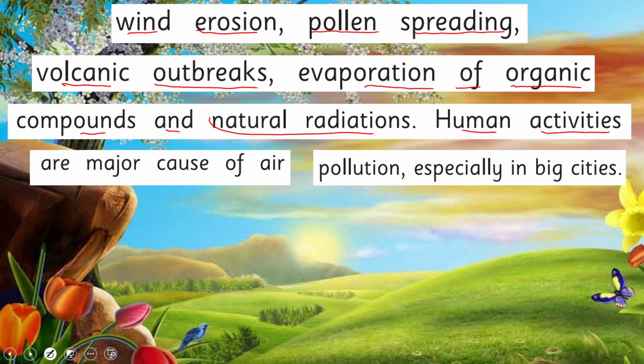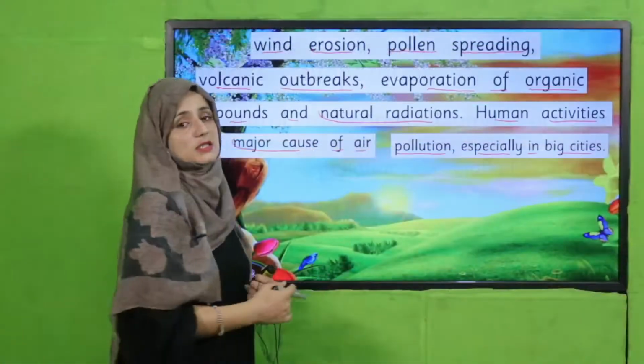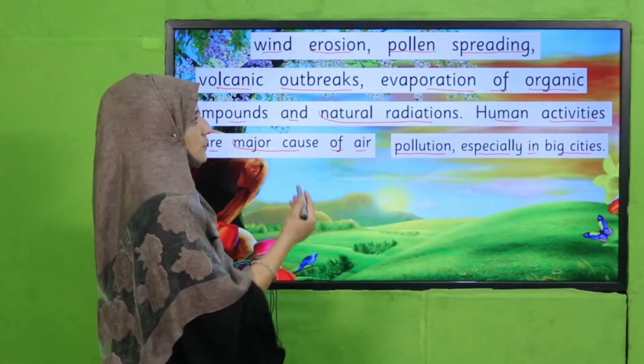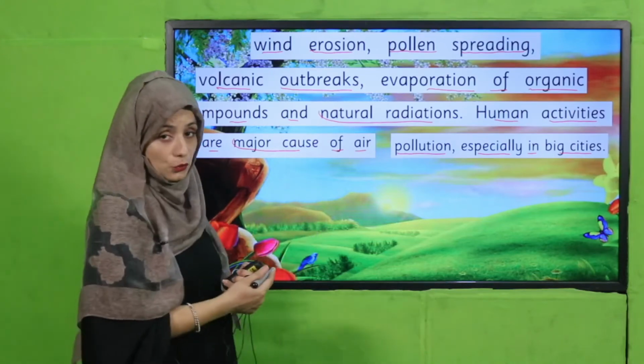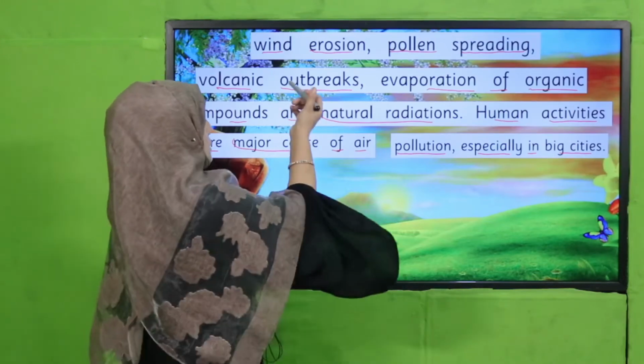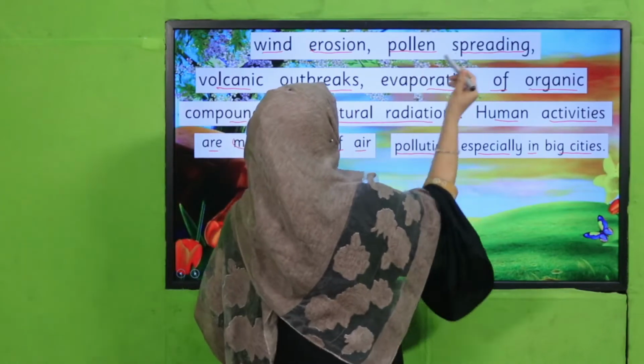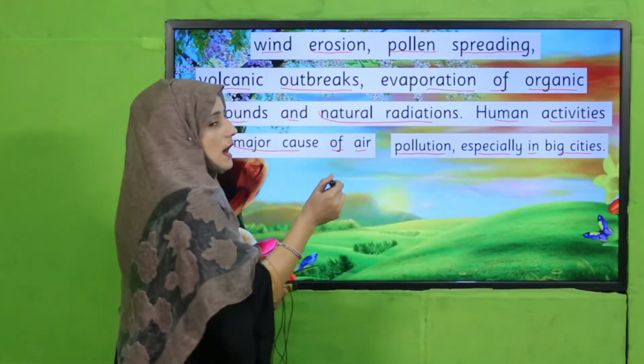Human activities are a major cause of air pollution, especially in big cities. Yes, my dear students, they are informing us about both reasons, human and natural: wind erosion, pollen spreading, volcanic outbreaks.